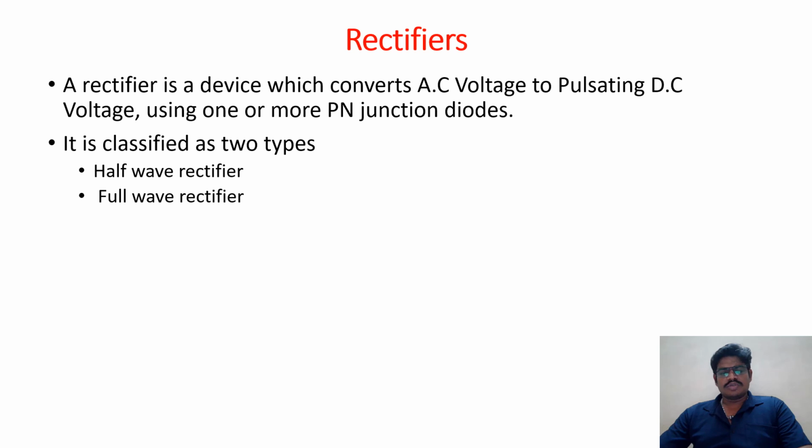By usage, rectifier circuits are classified into two types: half wave rectifier and full wave rectifier. A half wave rectifier uses only one diode, and a full wave rectifier uses a center tap transformer or a bridge rectifier, so two or more diodes are considered.